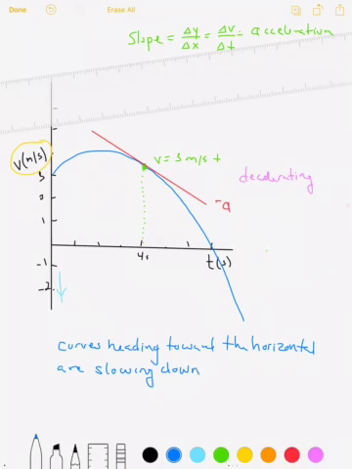So anytime a curve is headed toward the horizontal axis, meaning this time axis, it's slowing down. Even if it's headed from the negative direction, if it's going toward the horizontal axis, then it's slowing down. And curves heading away are speeding up.